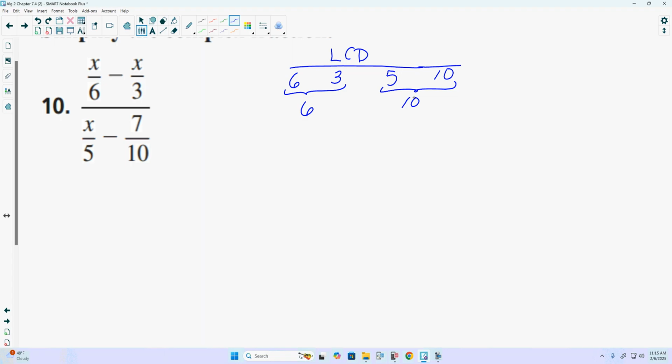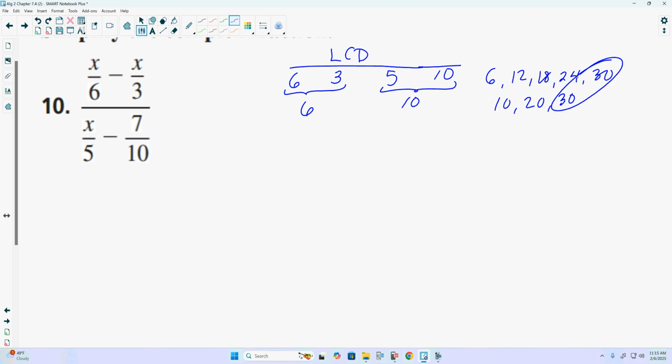So really, all we're looking at is, what is the first number we can turn both 6 and 10 into? It would be 30. Because if we look at the multiples of 6: 12, 18, 24, 30. Well, 10, 20, 30.